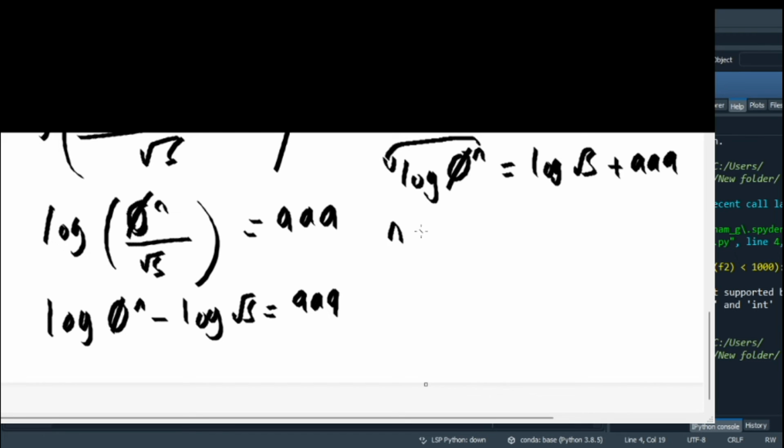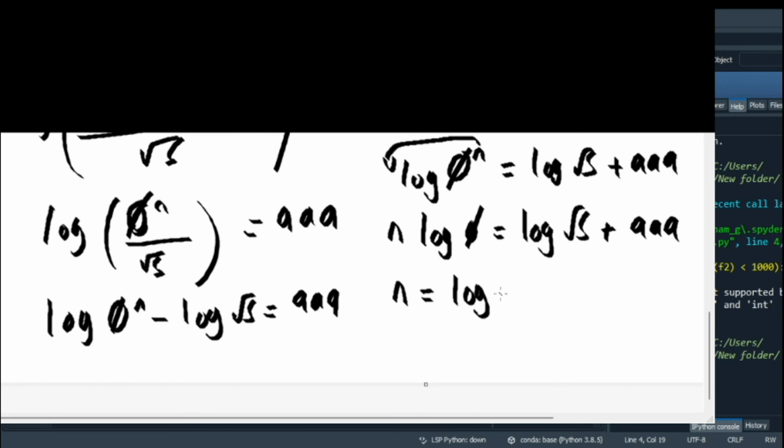So n times log of phi equals log of the square root of 5 plus 999. Then I simply divide both sides by log phi. So n equals log of the square root of 5 plus 999, over log phi, and we've done it.